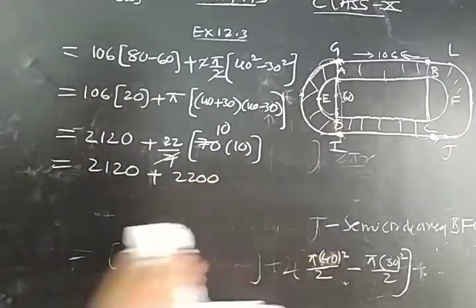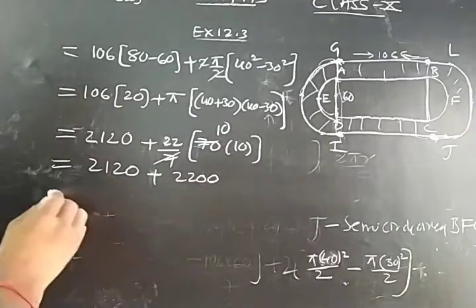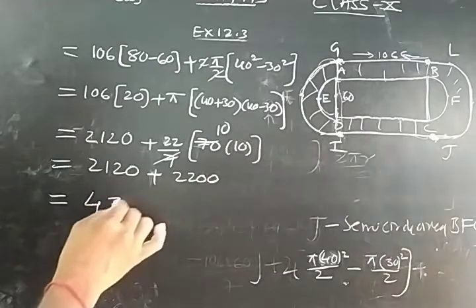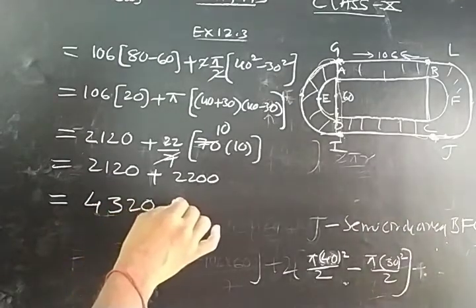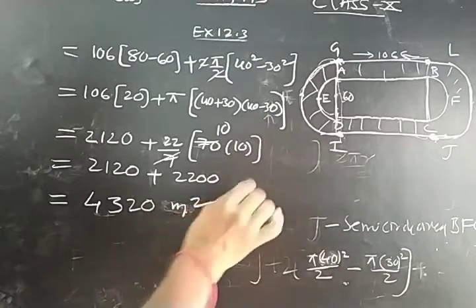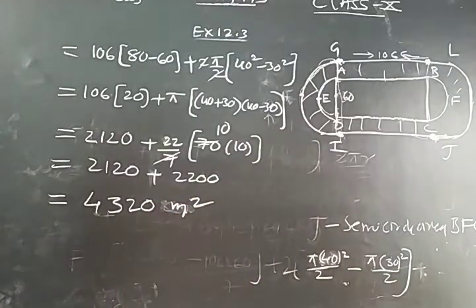By adding this, 2200 plus 2120, we get 4320 meter square, which is the required area of the track.